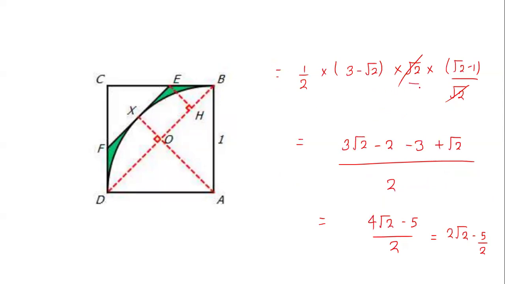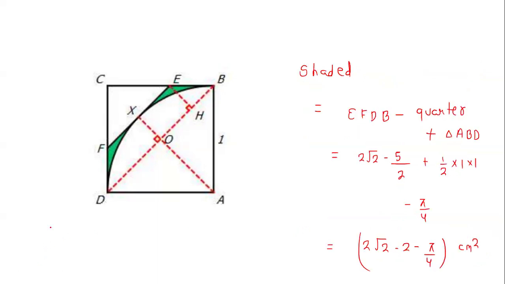After taking root 2 common, it will become 3 minus root 2, and this root 2 and this root 2 cancel. So it will become 3 root 2 multiplied by this. So it will become 3 root 2 minus 3 plus root 2, divided by this 2. So 3 root 2 plus root 2 is 4 root 2, and 3 and 2 will become 5, divided by 2, and after dividing by 2, it will become 2 root 2 minus 5 by 2. So this is the trapezoid area.